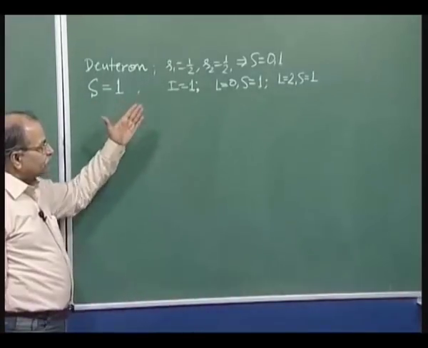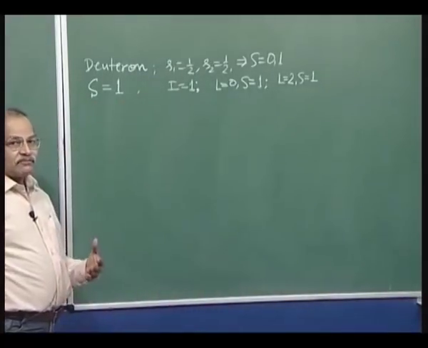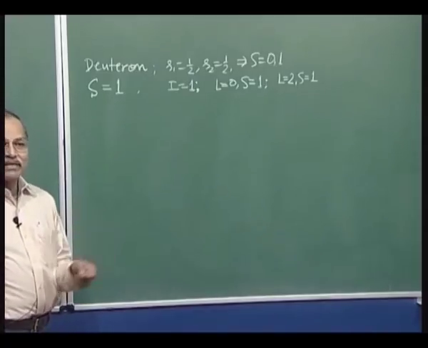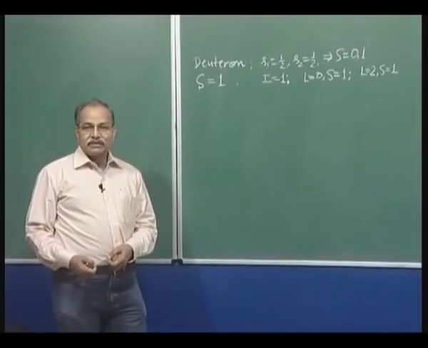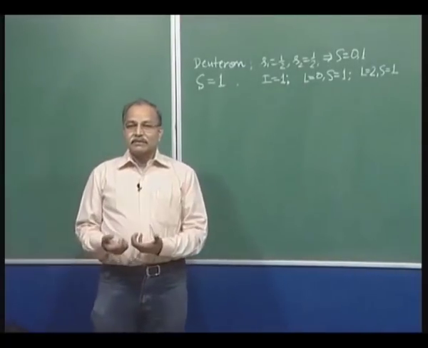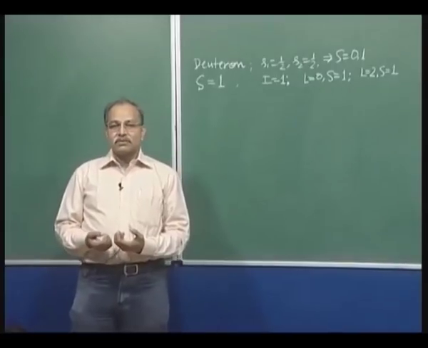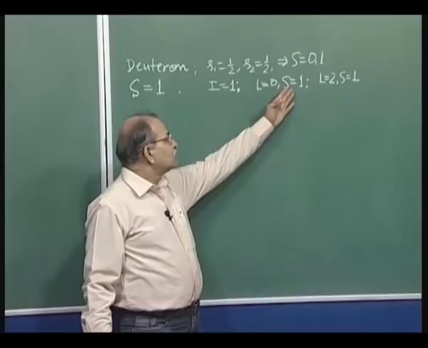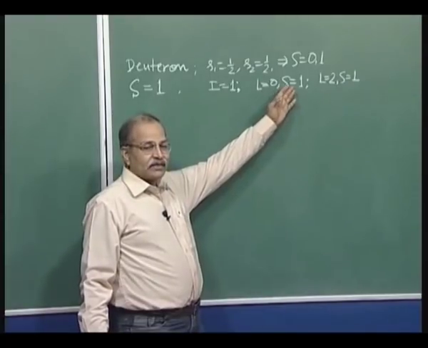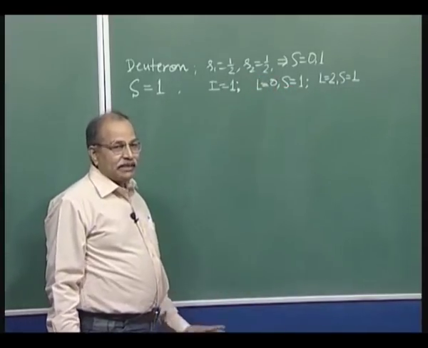So, first conclusion from this was that nuclear force is spin dependent, because in general if it does not depend on spin, then you should have both kinds of coupling, capital S equal to 0 and capital S equal to 1.